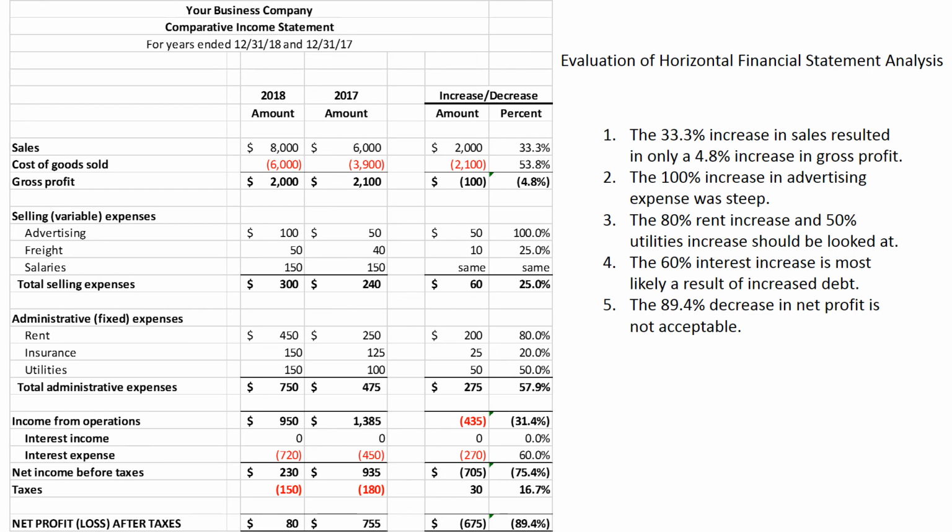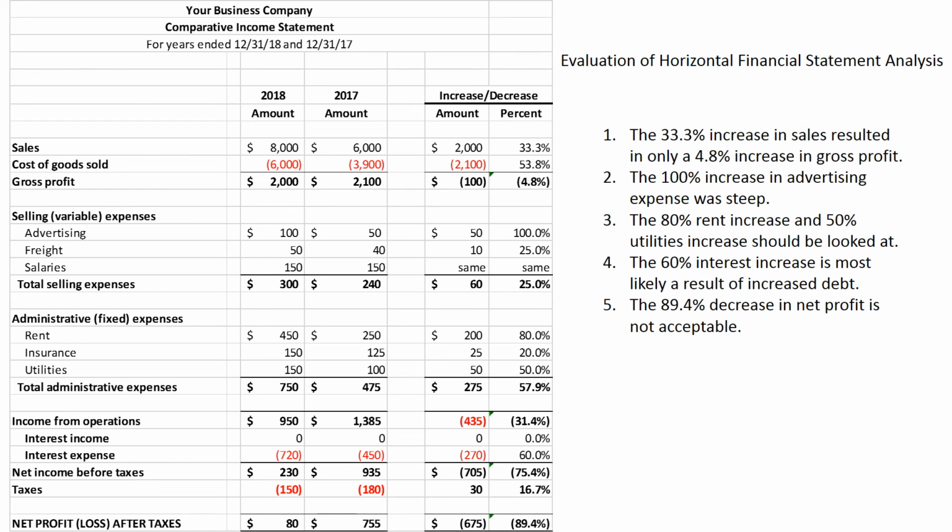Is the markup sufficient? Number 2, the 100% increase in advertising expense was steep. Did this expense increase sales? Was it justified?